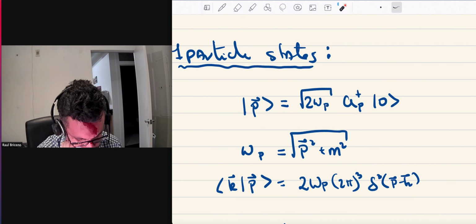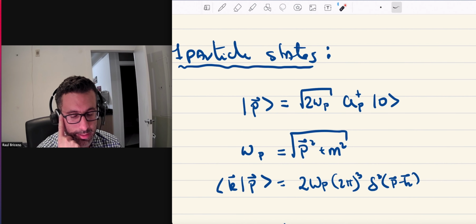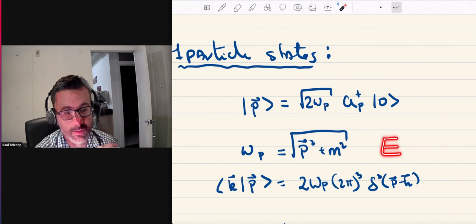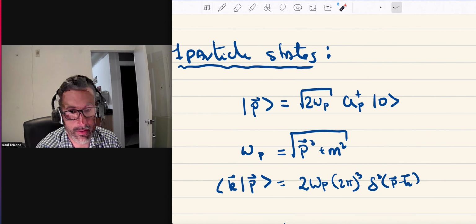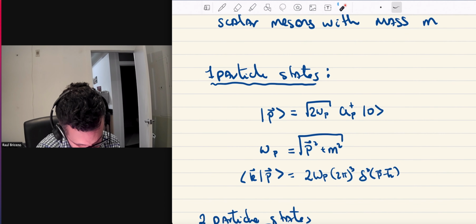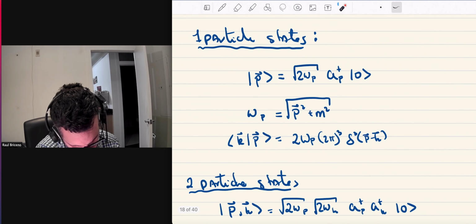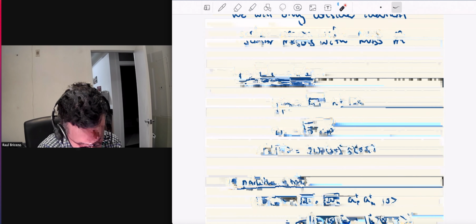I'm going to use this symbol constantly for describing one particle states, and I'm going to leave the symbol E, which would naturally describe energy, for the total energy of the system, in particular when I'm thinking about two particles. These states are normalized the way we normally normalize relativistic states, with a factor of 2 omega and then an appropriate three-dimensional delta function.